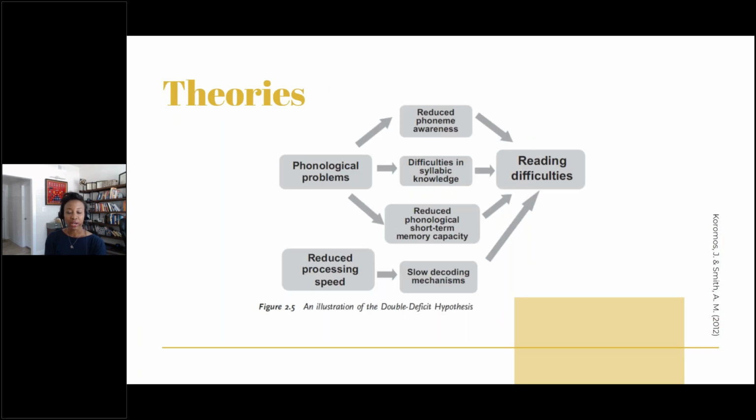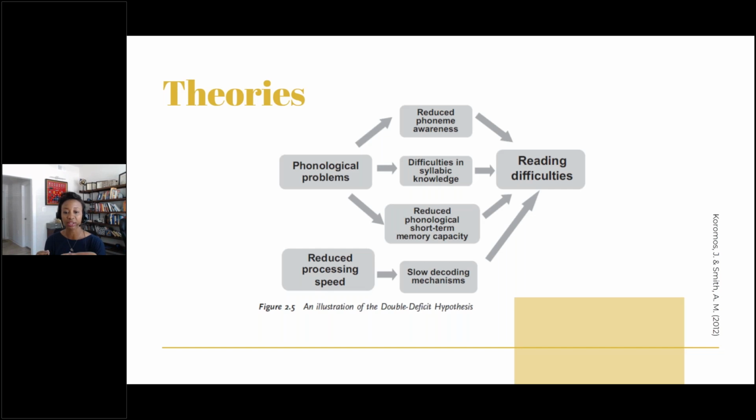What I also want to point out is that there are many different theories, and some theories are celebrated, some theories are challenged. There are many, and I am just going to show you two, just so you get the understanding that it is not only reading issues or reading difficulties, that there are many different things that impact reading difficulties.